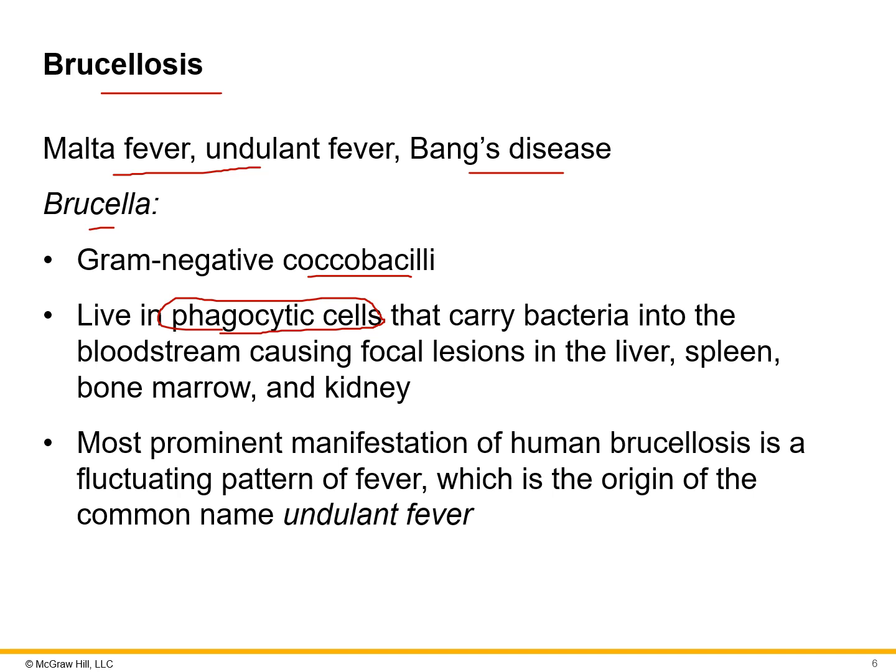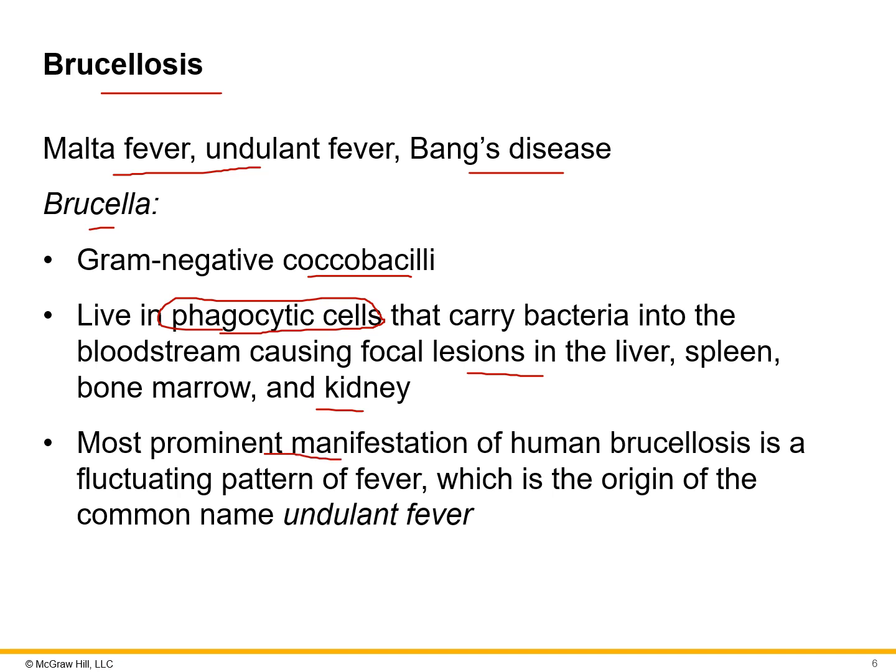Well, their virulence factors actually live inside of the phagocytic cell, and that's what they use to hop around through the bloodstream. Then they cause lesions in the liver, the spleen, bone marrow, and the kidney, because they're not destroyed by those phagocytic cells, but they're actually using them to get where they want to go.